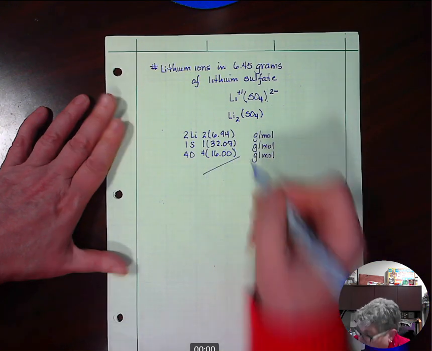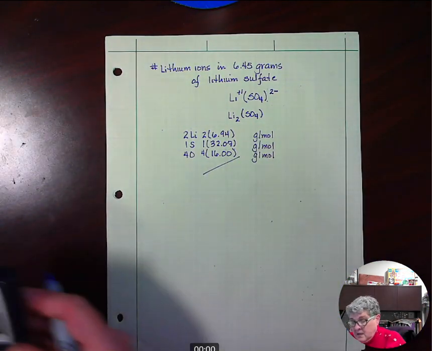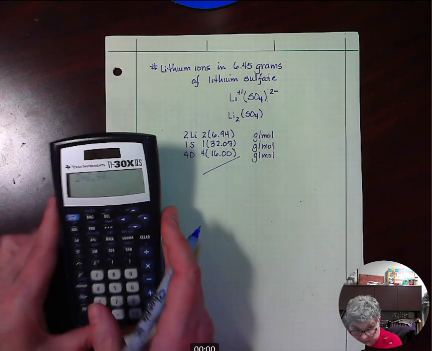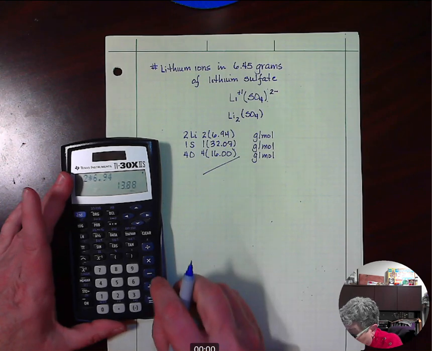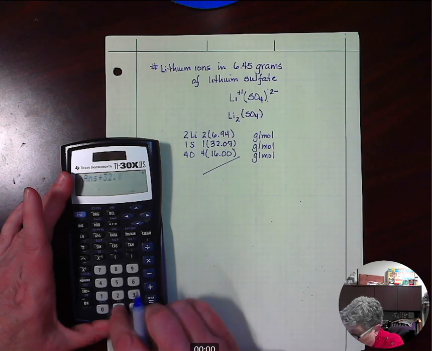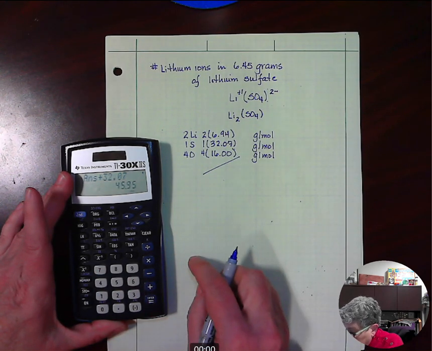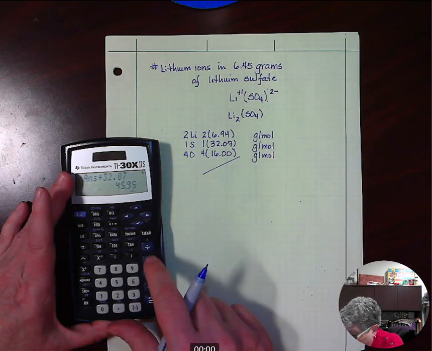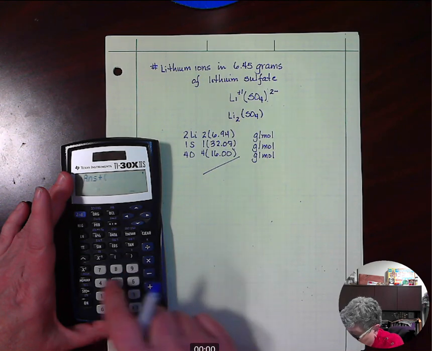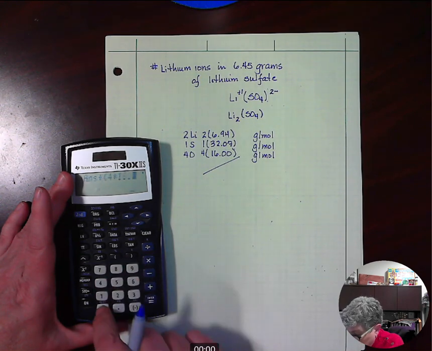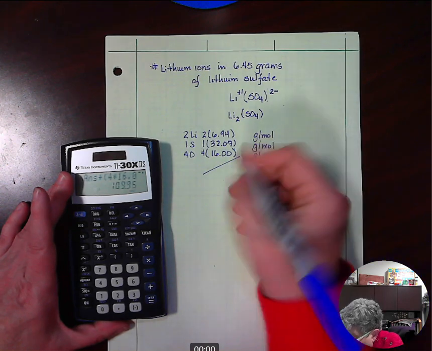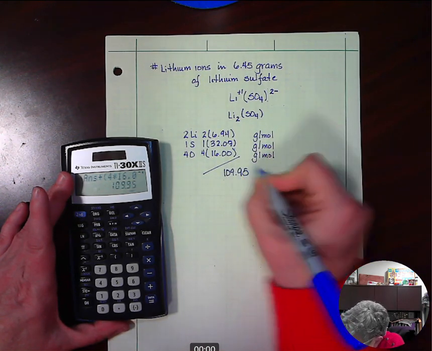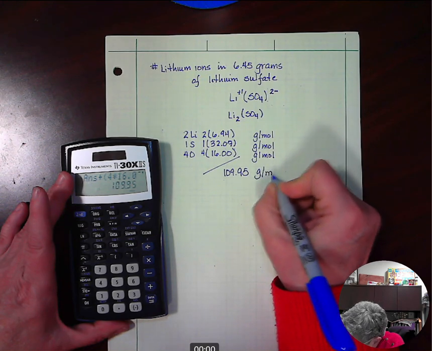So now I'm going to total things up. So I'm going to have 2 times my 6.94. I'm going to add my 32.07. I'm going to do my oxygens. And now I have 109.95 grams per mole.